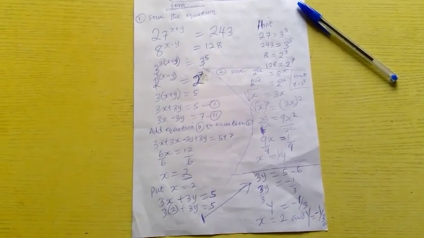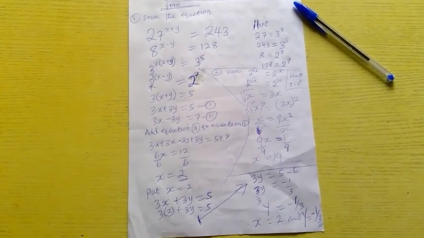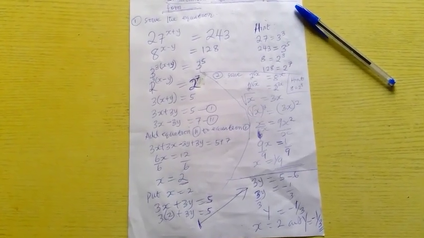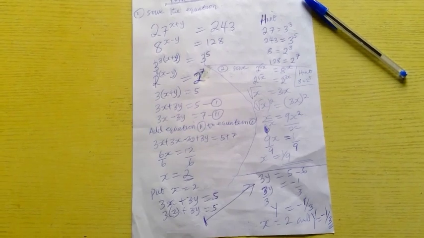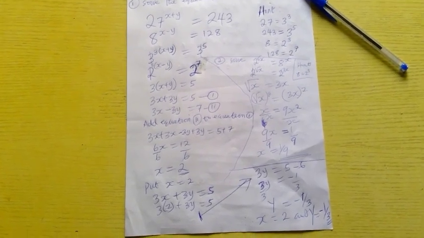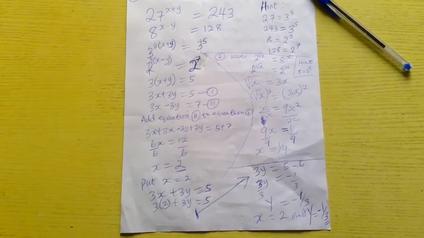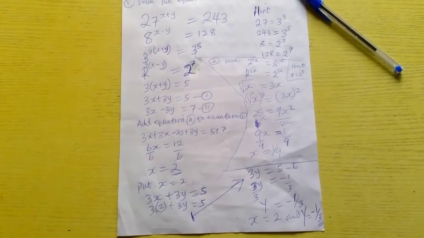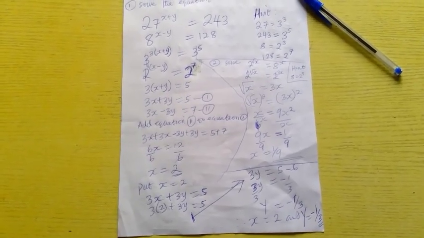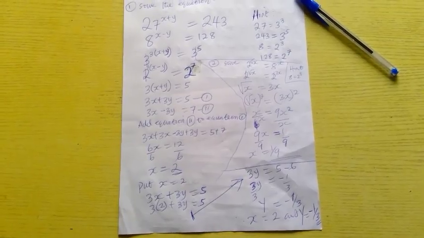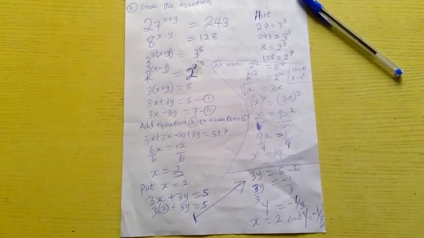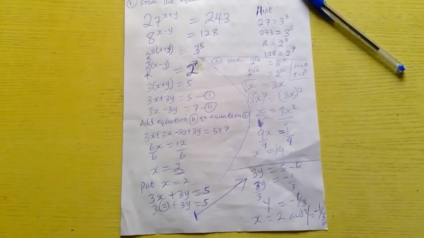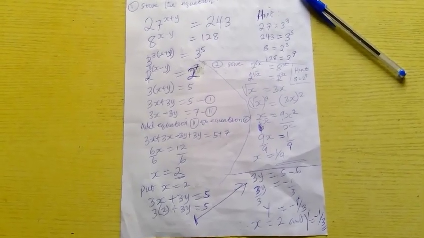So you have 3 times x plus y, that is 3x plus 3y. So in the first line, equation 1, you have 3x plus 3y equals 5. That's equation 1. Then you go down again. 2 is the common base here, so you cancel them off. So here you have 3 times x, 3x, then 3 times y. So you have 3x minus 3y equals 7.